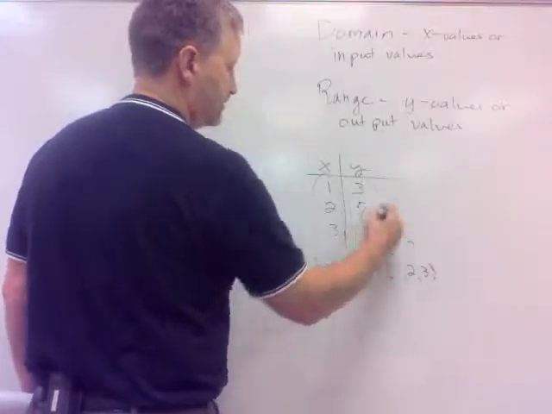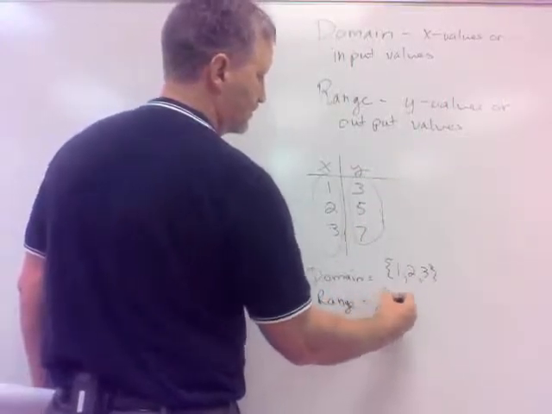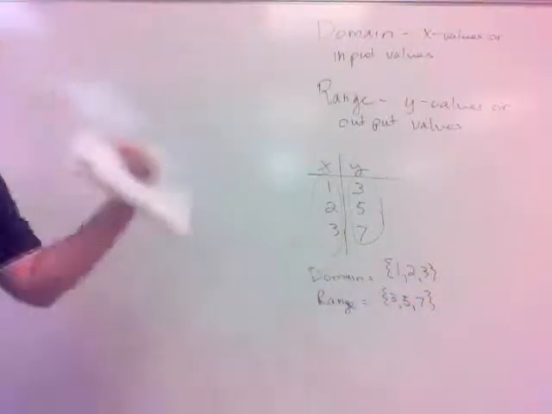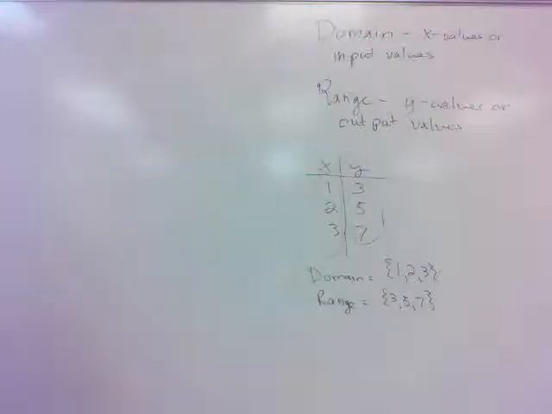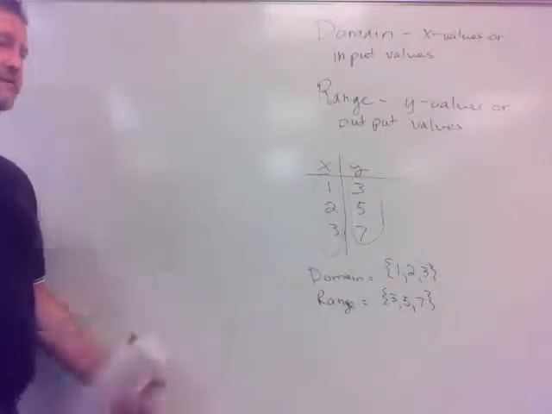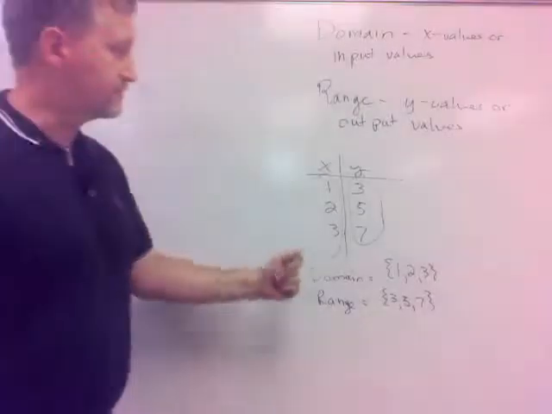And here's your range: 3, 5, 7. All right, well, those are very, very restricted functions. On the functions we'll talk about, there'll be much more to the domain and range than just a few values.